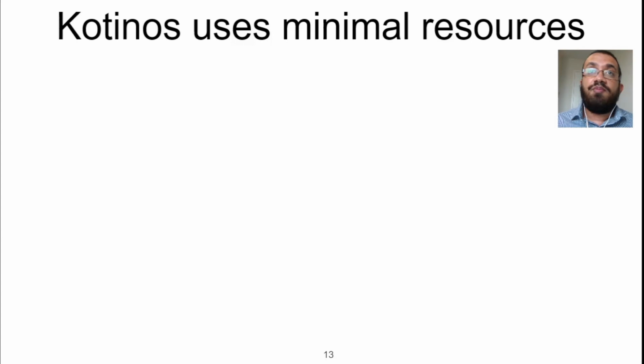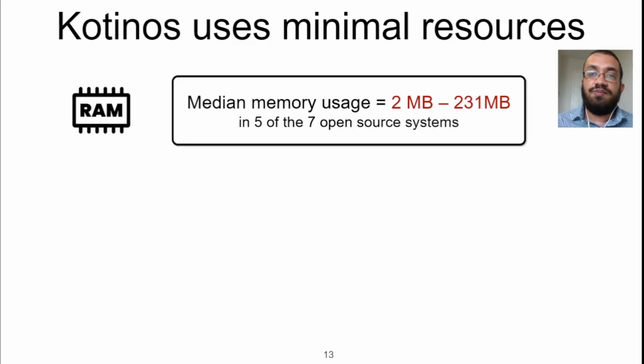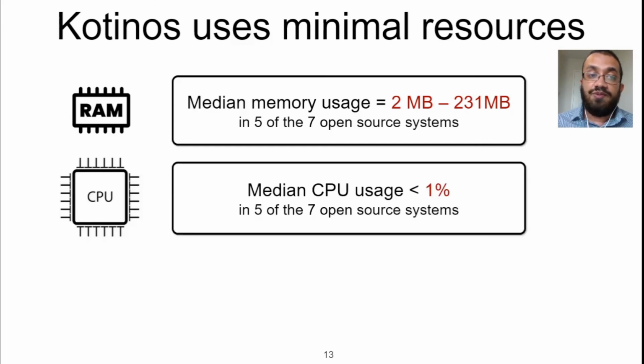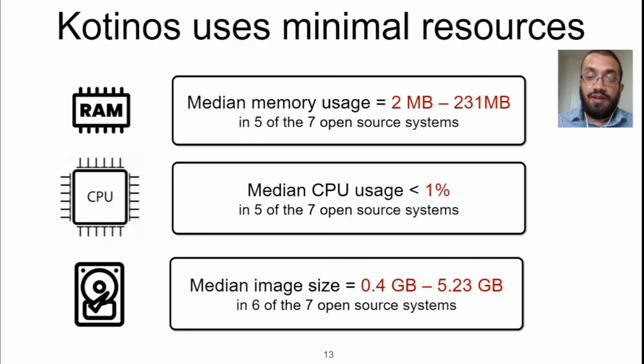To look at the resource usage, we collected resource usage while the builds were run in terms of 3 aspects: RAM, CPU, and the storage size. Here we can see the median usage of all these 3 resources is very low, and there were some outliers. You can read more about these outliers in our paper.